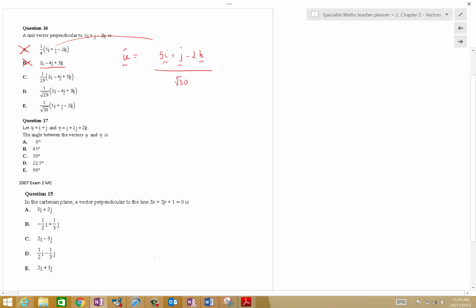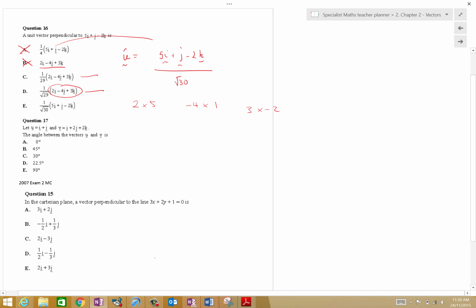As it turns out, we've got 1, 2, and remember that a unit vector perpendicular to means that its dot product with this would be 0. So we can say that 2 times 5, and minus 4 times 1, and 3 times minus 2 is going to be 10 minus 10.